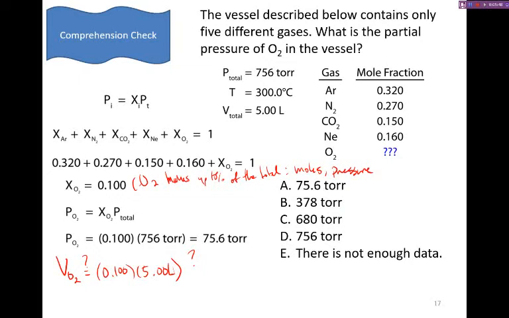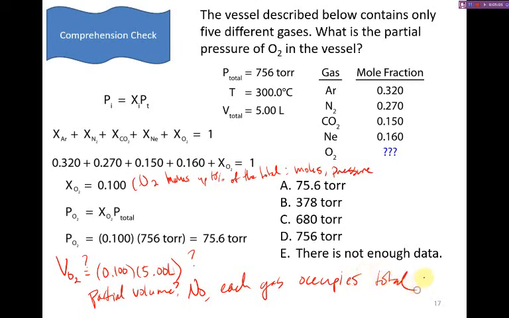Welcome back. So there's this question of, is there such thing as a partial volume? And the answer to that is no. Each gas occupies the total volume.